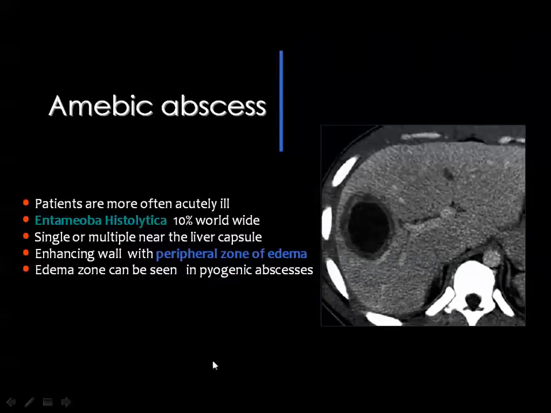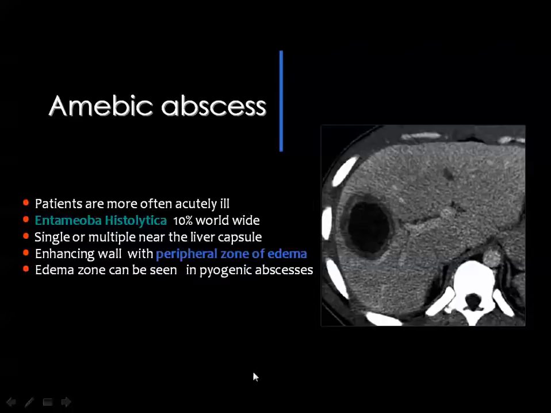But now it is not a reliable sign for discrimination between amoebic and pyogenic abscesses. Actually the location of the abscess, the appearance of the edema, and the enhancement are not helpful criteria to discriminate between pyogenic and amoebic abscesses.